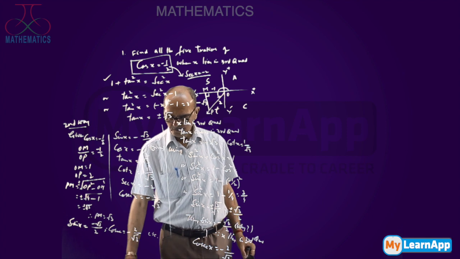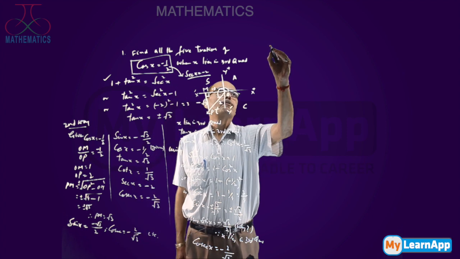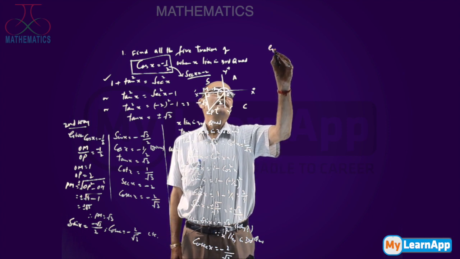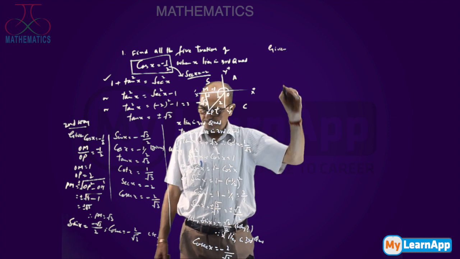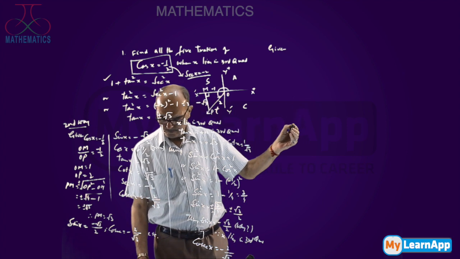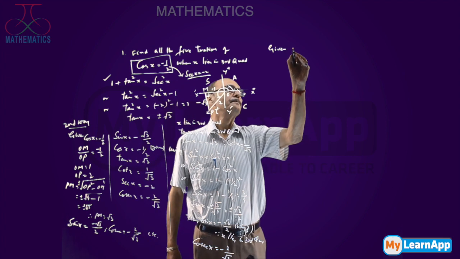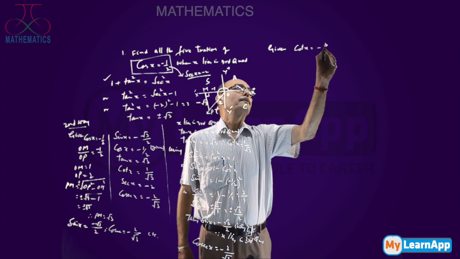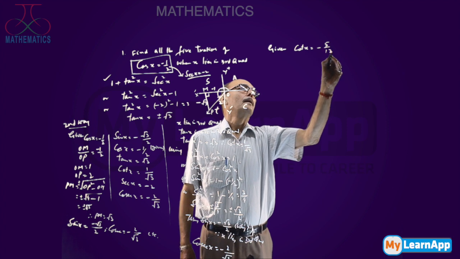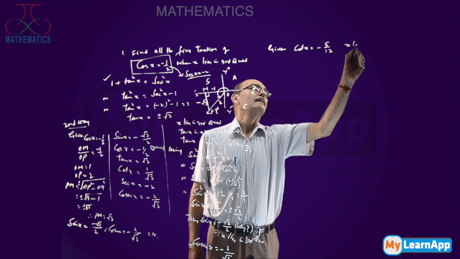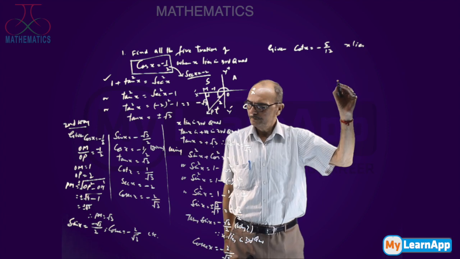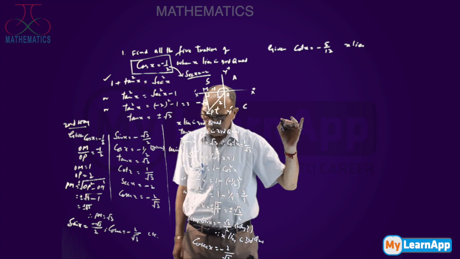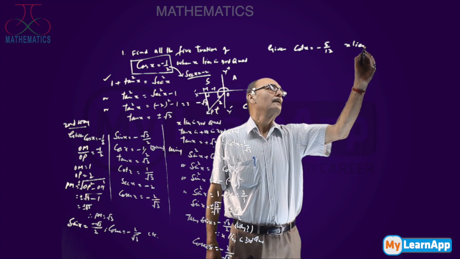Next is: find, given cot x equal to minus 5 by 12, x lies in the second quadrant.